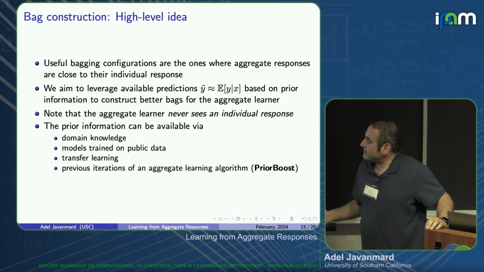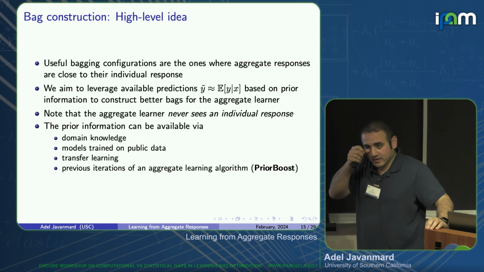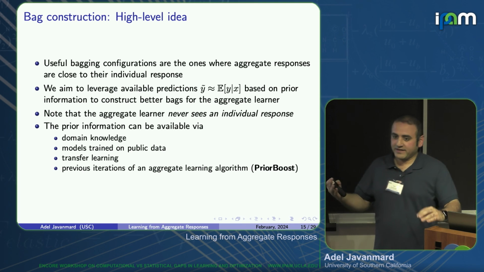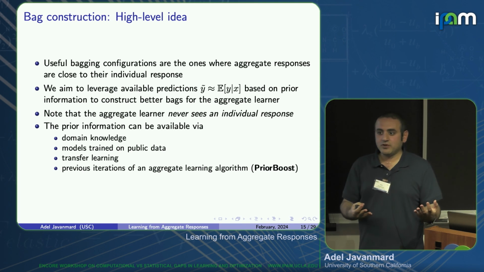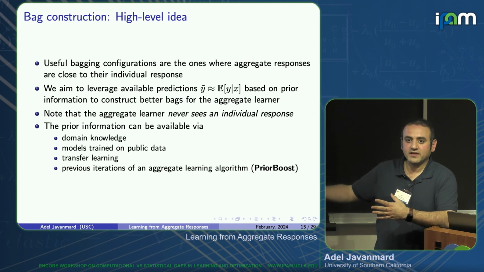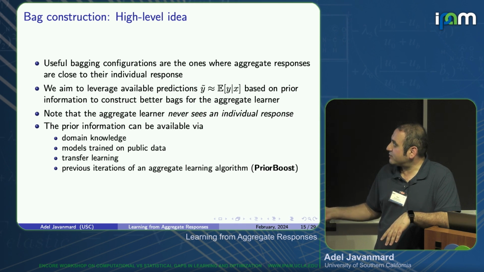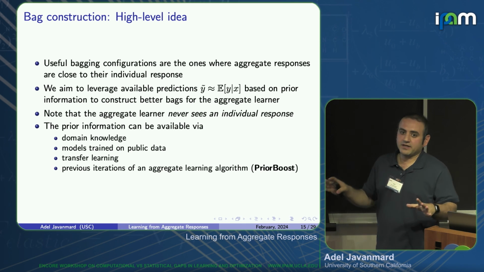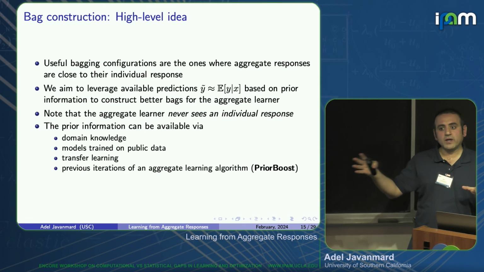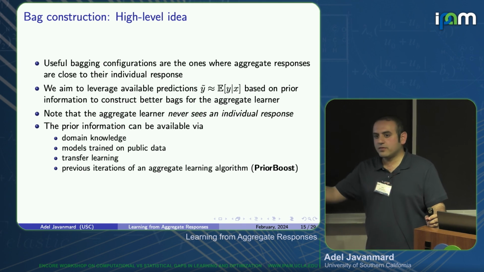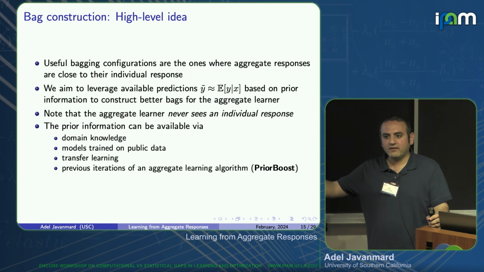Sometimes this prior is available, coming from domain knowledge, or maybe you have some public data set that's very close to the data set that you have, and you can use that data set to come up with some predictive model, and based on that, you cook up this prior for your own data set. Sometimes you can do transfer learning. So you have two very similar tasks, and one of them is less sensitive. Let's say one of them is click-through rate, the PCTR data that you have.